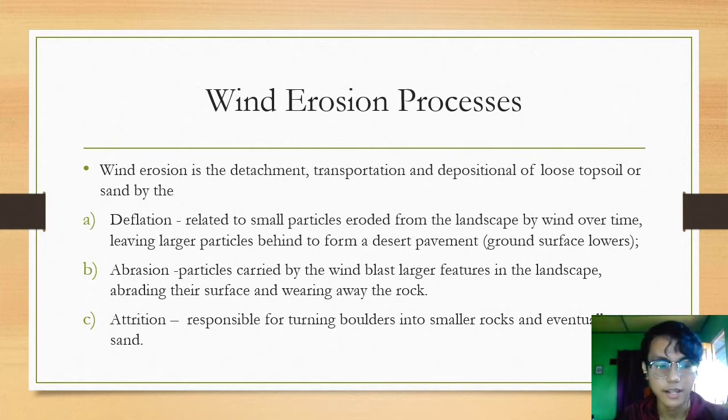Abrasion is the wearing away of rocks and removal of soil by particles or load carried by the wind. Attrition is very important because it is responsible for turning boulders into smaller rocks and eventually into sand. In attrition, wind causes rocks and boulders to bump into each other until they become sediments like sand.